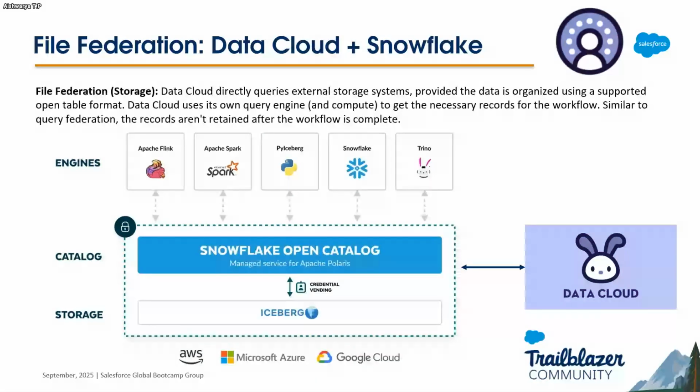Then coming to Data Cloud, you're going to ingest this data from the storage layer. My storage layer is AWS. From AWS, I've created an Iceberg table, and then an open catalog is available. I'm using Snowflake, not any of these other applications, Trino, Iceberg, or Spark.